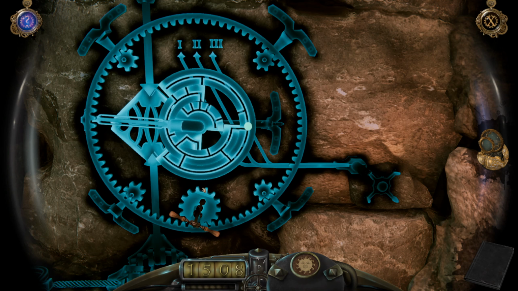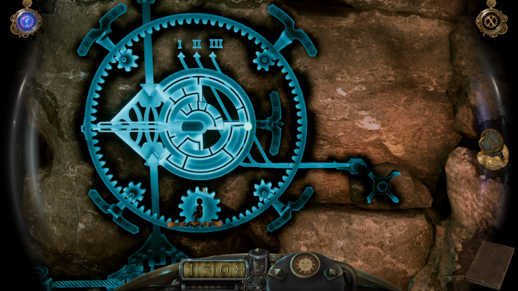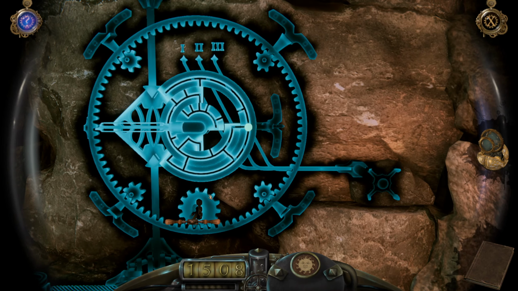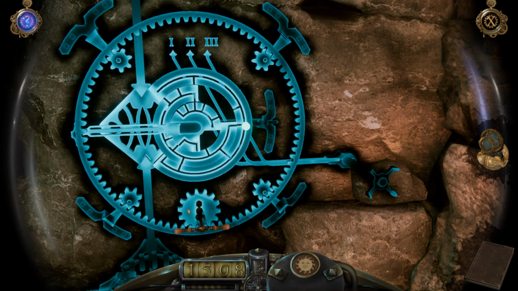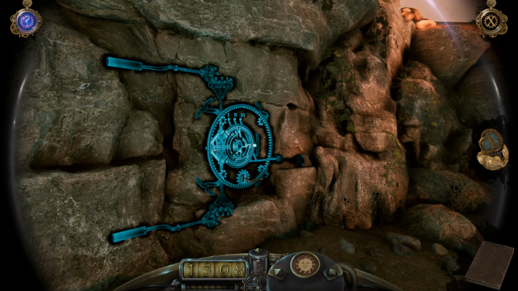This might be a good place to stop. We were playing for about 45 minutes. 42 minutes, something like that. I think I just need to grok. I need to figure out how this works.